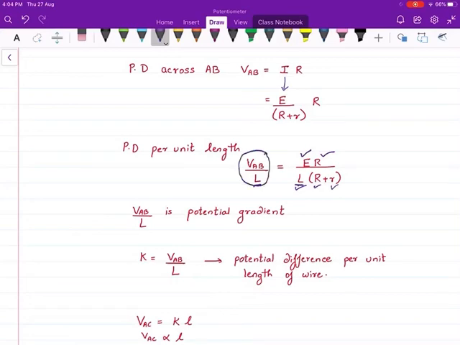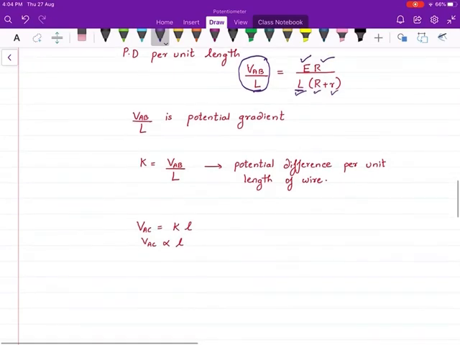That is called the potential gradient. For a given wire, this VAB upon L is a constant and it is called the potential gradient. It is denoted by K. K is equal to VAB upon L, where K is the potential gradient or the potential difference per unit length of the wire.